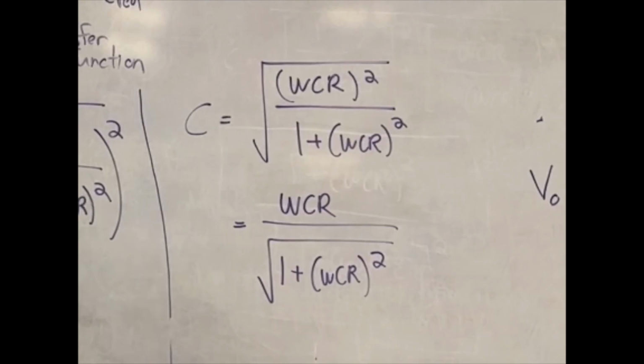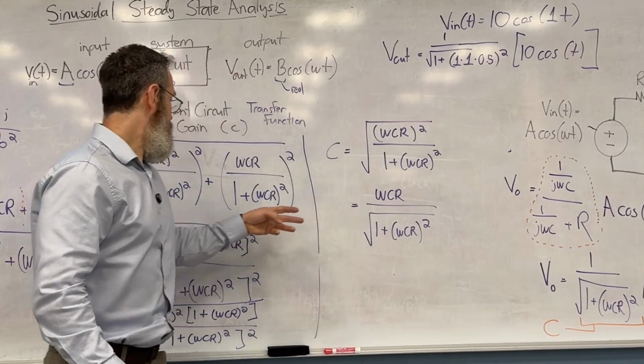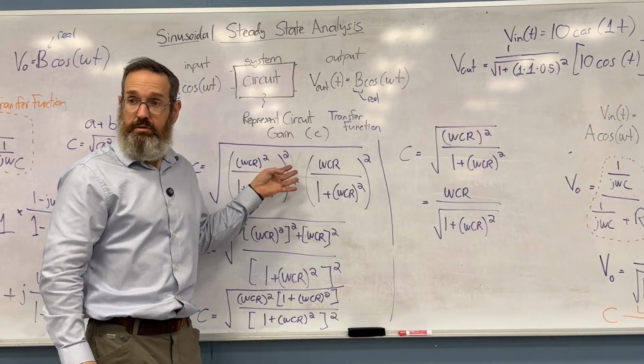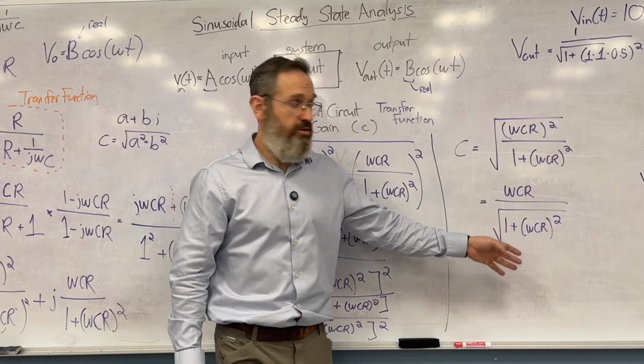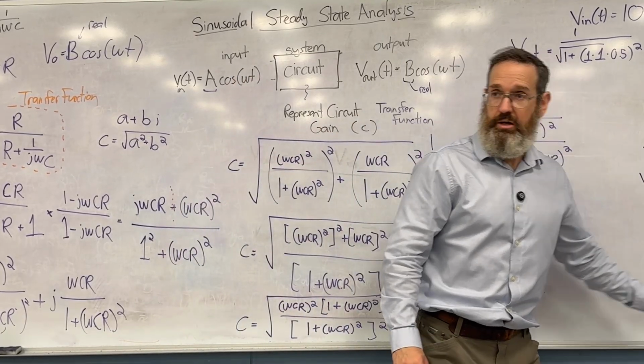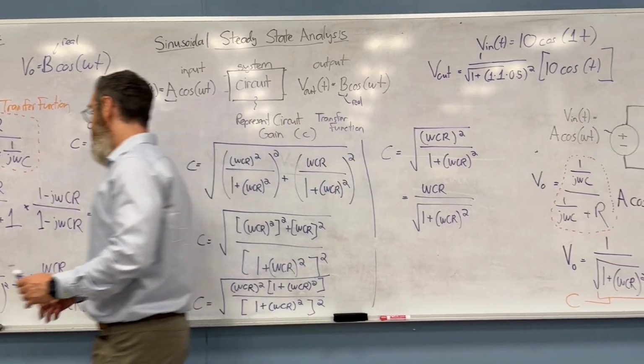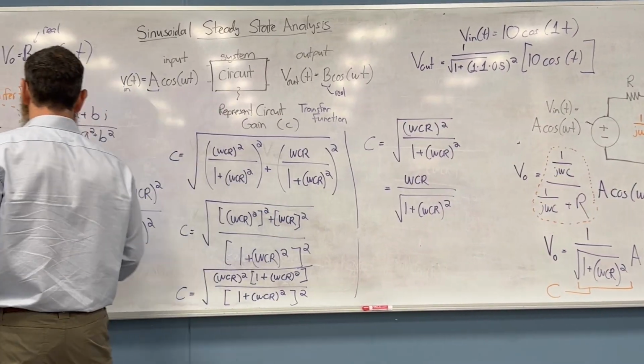And C is therefore equal to WCR over the square root of 1 plus WCR squared. This and this are the same, but you can notice there's a lot of simplification, and there was a lot of simplification that happened here as well. And so now we're done.